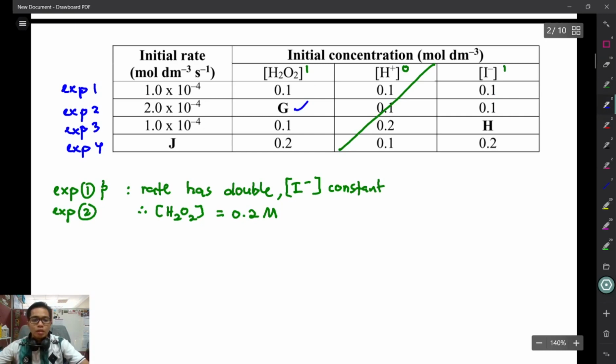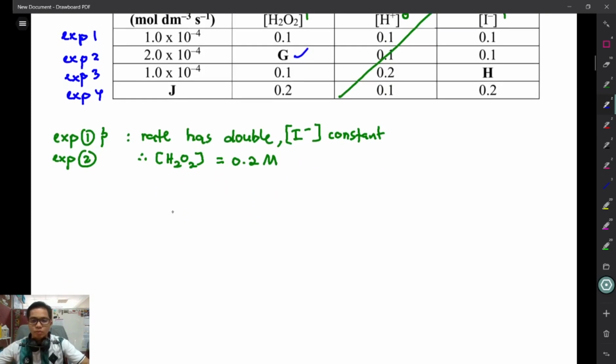Next, we want to compare experiment 1 and experiment 3, to find H. So 1 and 3.